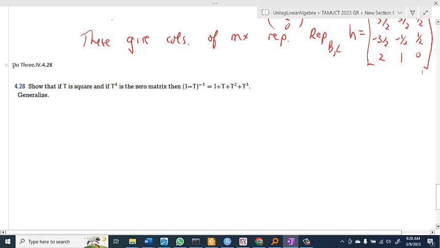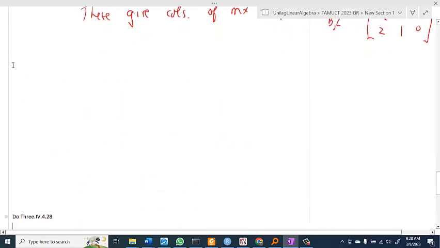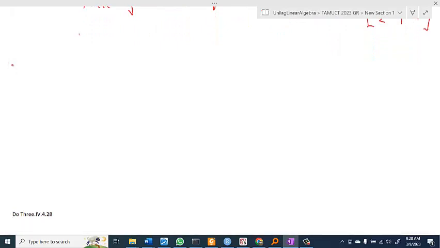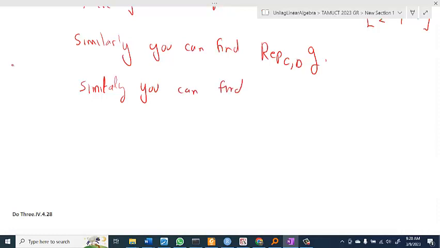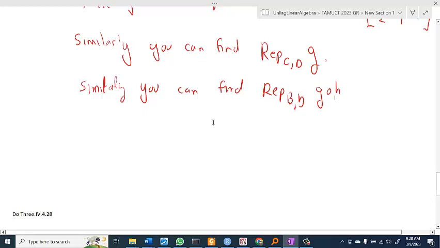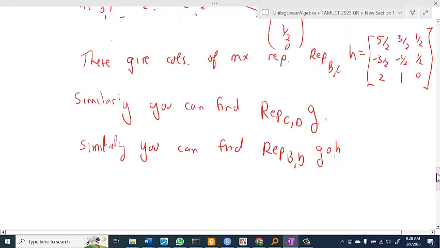So similarly, you can find G. Okay. So let's move this down. The representation with respect to C and D of G. And similarly, you can find the representation with respect to B and D of G composed H. Same way, because you know what G composed H does to any vector.